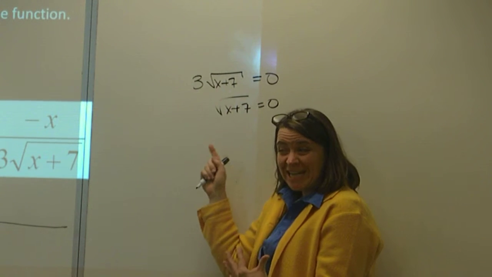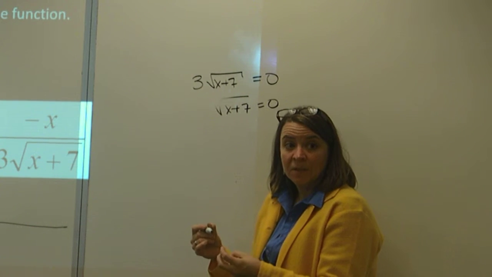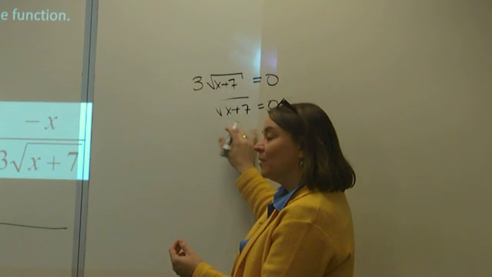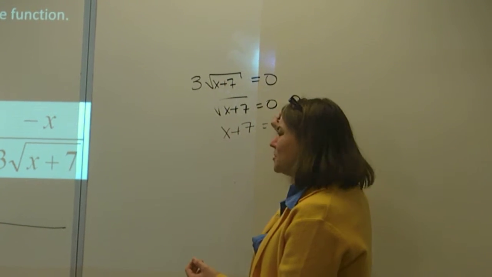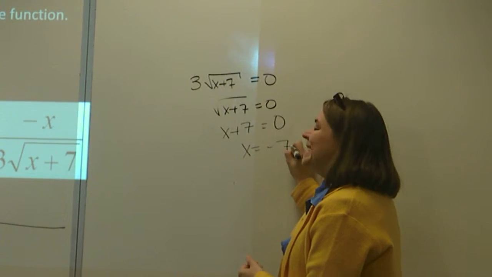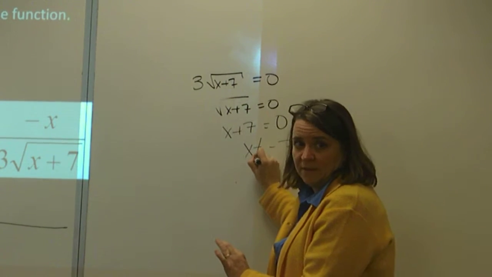Now solving for x, how do we undo a square root? Square both sides. Okay, so squaring the radical left with the sum, and 0 squared? Oh, okay. -7 would make the denominator 0, and we don't want that.